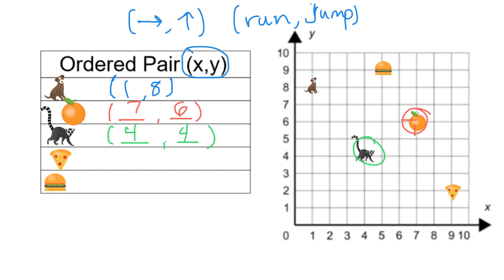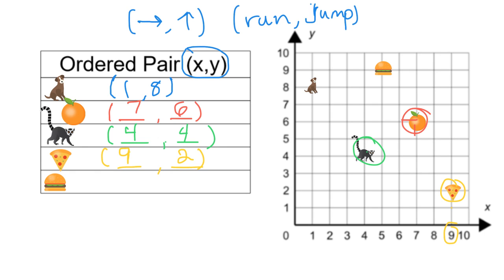And let's use yellow for pizza. Pizza is at, let's see, go over to 9. So I know for sure that 9 is going to be my x value. And then we're going to go up 1, 2 jumps to 2. That is our y value. 9, 2 is the coordinates for that one.